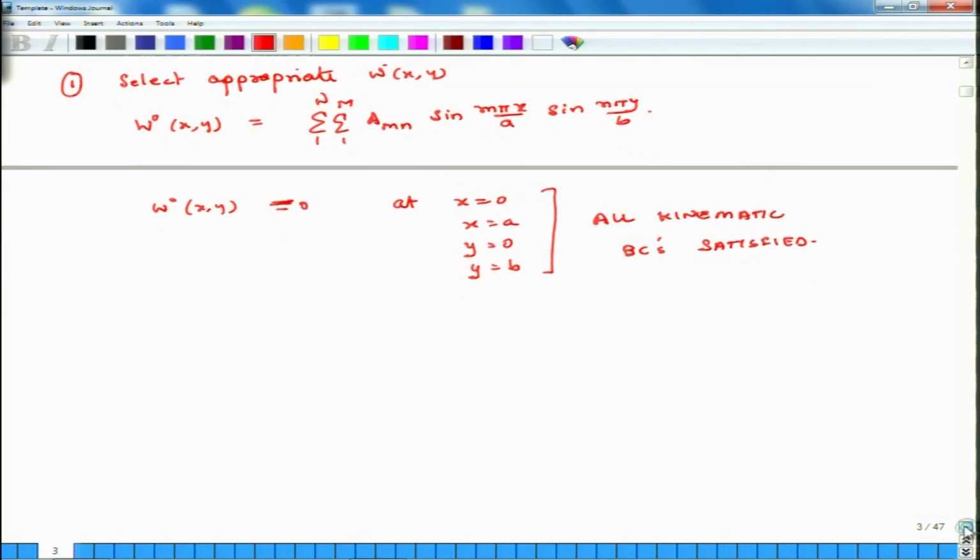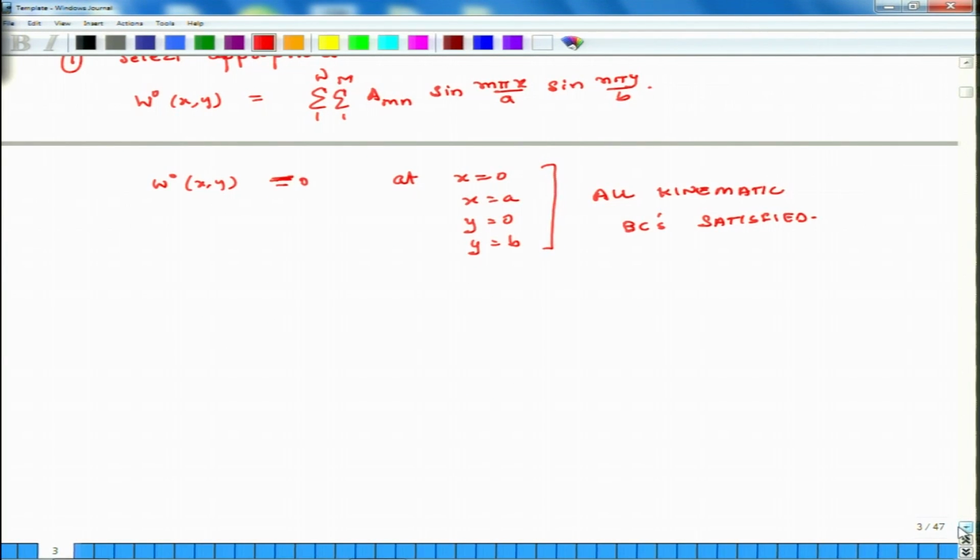So, once we have selected such a function, then what is the next step? We have to calculate the residue. We have to plug this back into the equation, find out the residue and integrate that residue, its weighted integral over the domain of the plate.